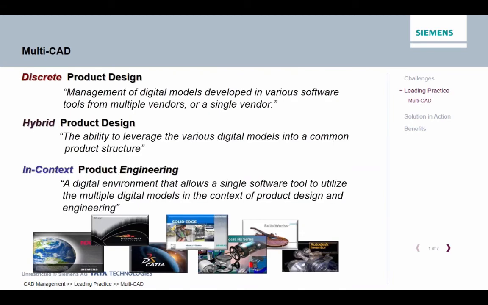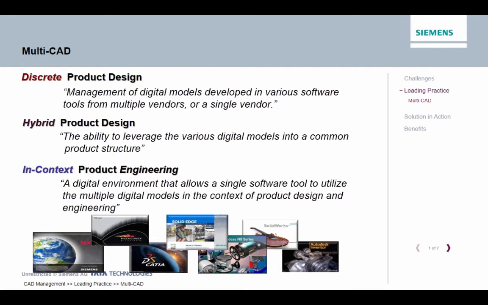So in today's global distributed product development environment, we are seeing more and more of multi-CAD. Now, when I say multi-CAD, it can mean different things for different people, and the definition can change from one organization to another. At the very basic level, say a company is using more than one CAD system to develop or design independent products.